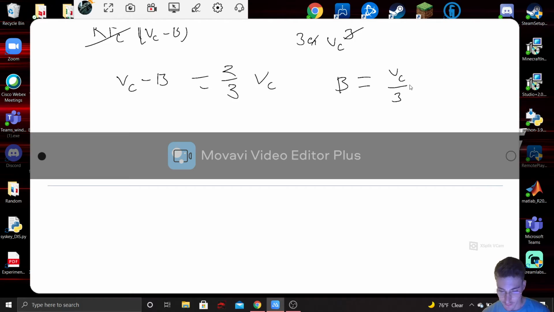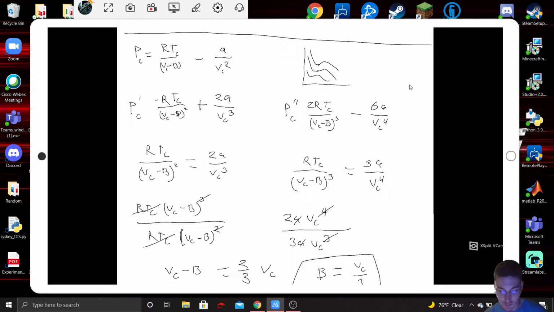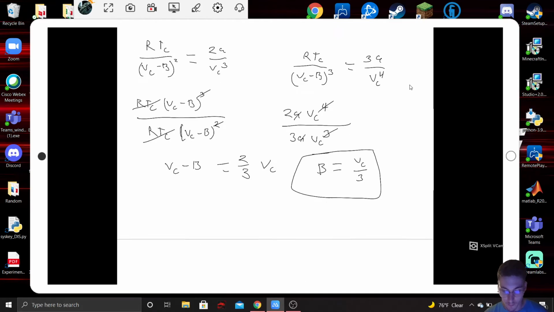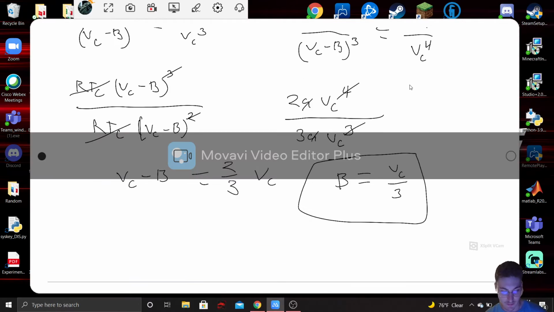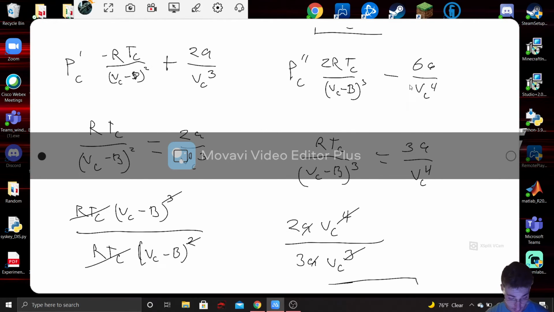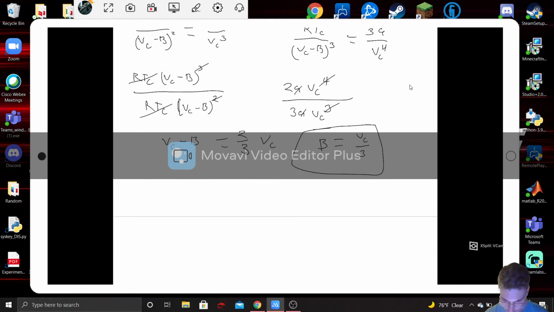And then so we just solved for B right there without any initial given value. So we'll plug these in later. But now if we go back in, we can plug B into the first derivative to solve for A. So if we do that, zoom out here.